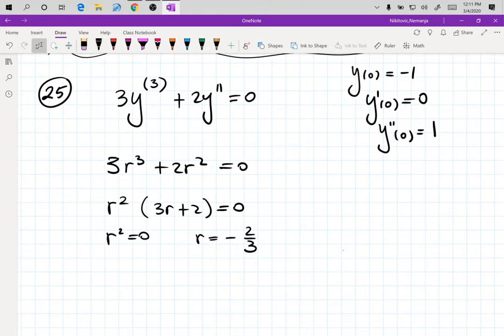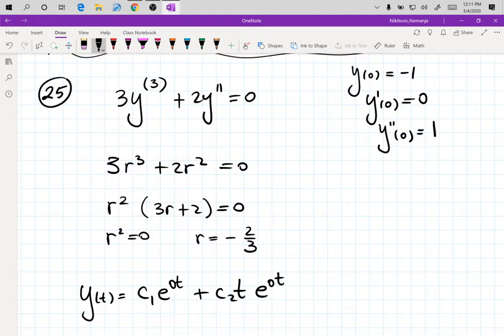Time to put the solution together. What do I have? I have y of t equals c1 e to the 0t plus c2 t e to the 0t, plus c3 e to the negative 2/3 t.